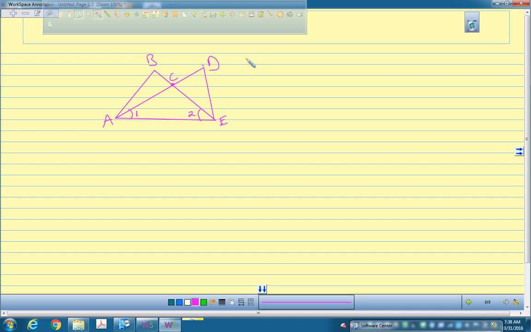Okay? And given that, given angle B is congruent to angle D, and then what else are we given?